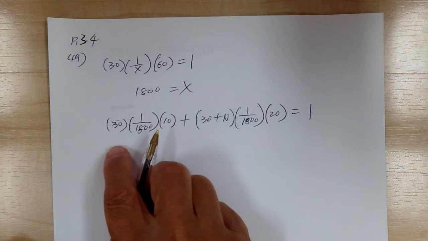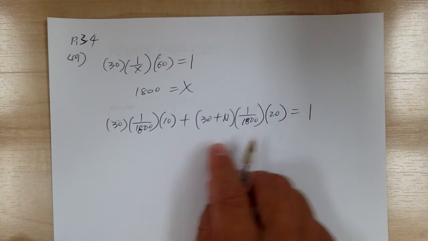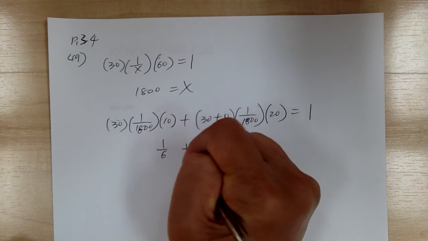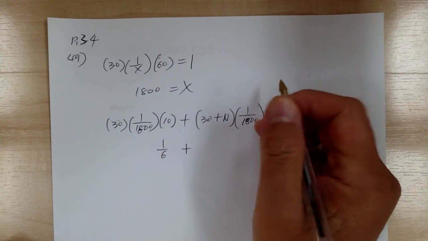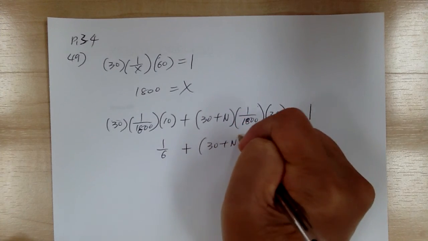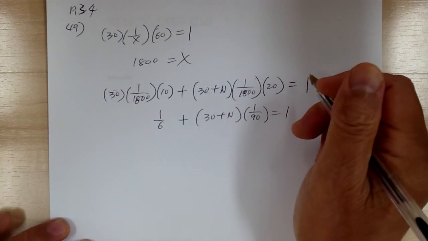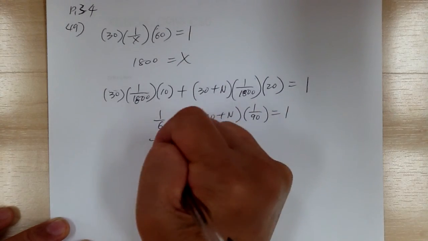Okay, so now I can work through this. Multiply this together, this will equal 1 over 6. I'm going to cancel these things out. I'm going to minus this over here.